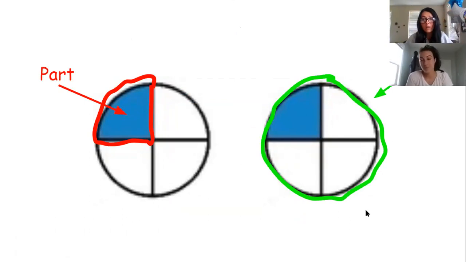That's because the whole, you need to count them all together. So guys, you could also think about this like a pizza. The part of the pizza that's colored in is what you already ate. And the whole is the entire pizza before anything was eaten. That's a good way to think about it sometimes.